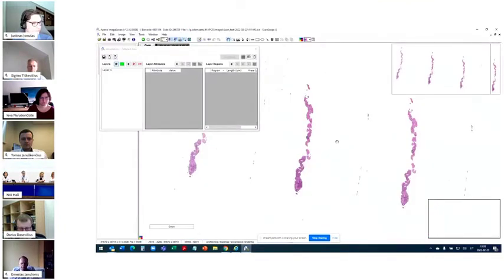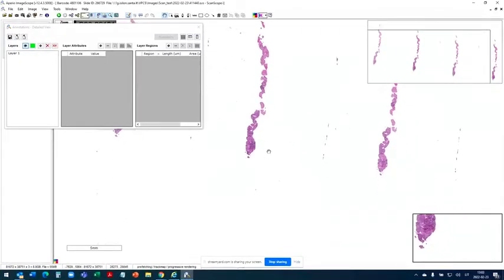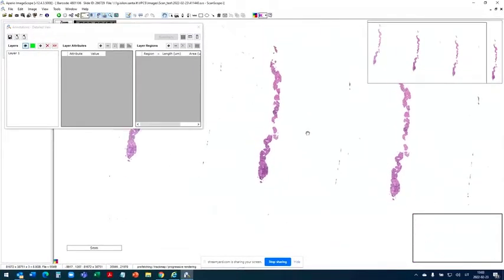We have positive findings in 3 biopsies, 2 from the right and 1 from the left focuses, and this is one of the biopsies from the right.